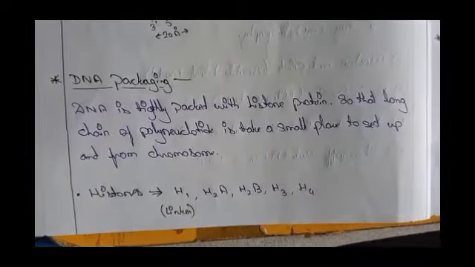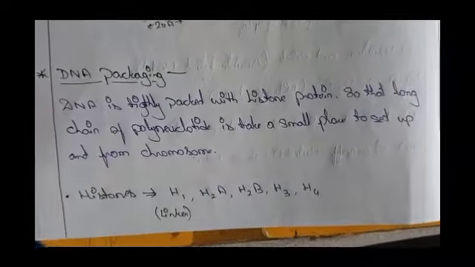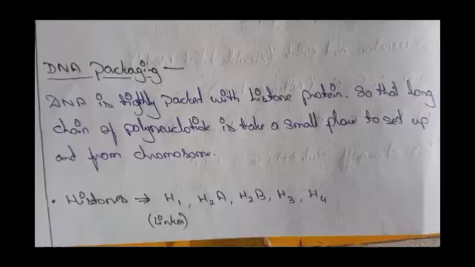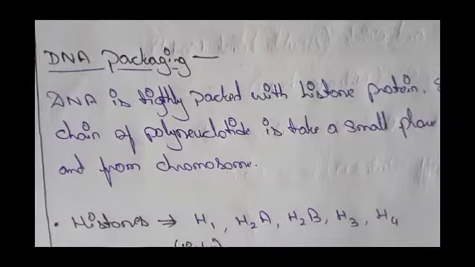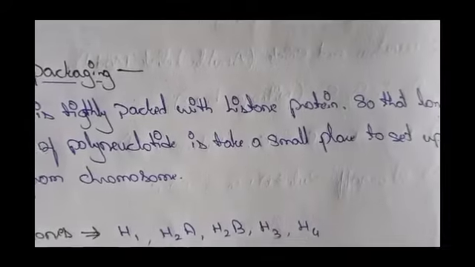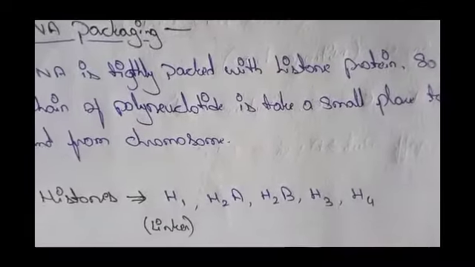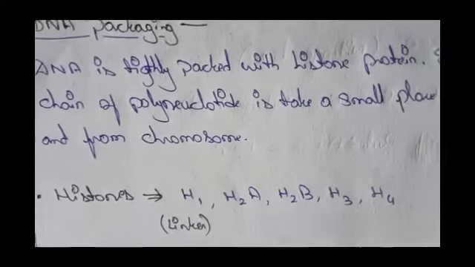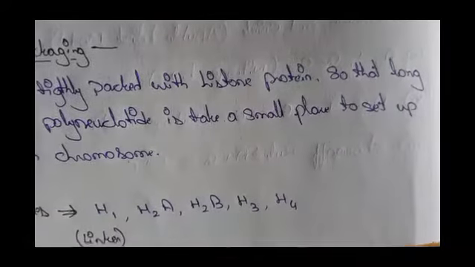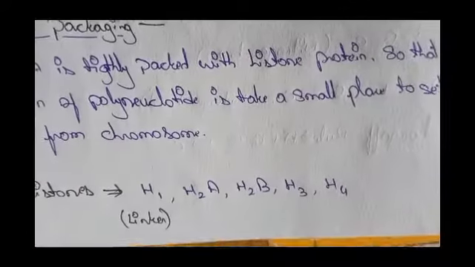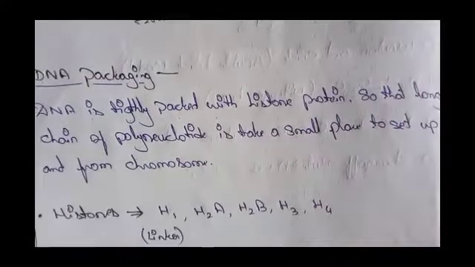DNA packaging is like a pearl necklace that our moms or sisters wear. The histone proteins are attached to the DNA strand like a pearl necklace. DNA is tightly packed with histone proteins.